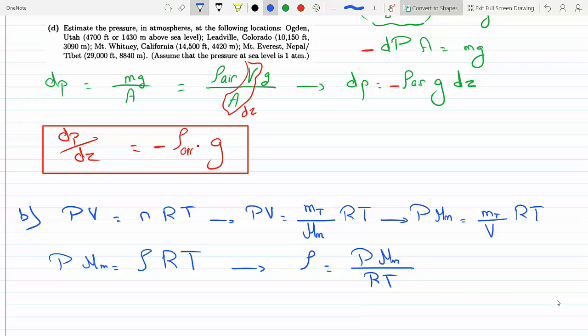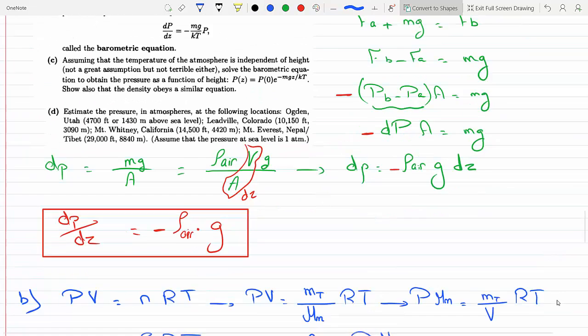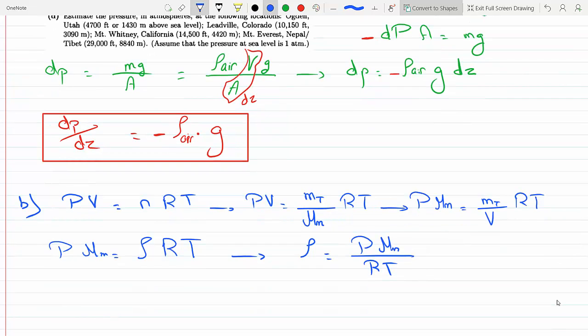Okay, now since the equation they're requesting has KT instead of RT, I know that from the section, let me actually write it here, NR is the same thing as NK times T. Small n is the number of moles, R is the universal gas constant, big N is the number of molecules of the air present, and K is Boltzmann's constant.